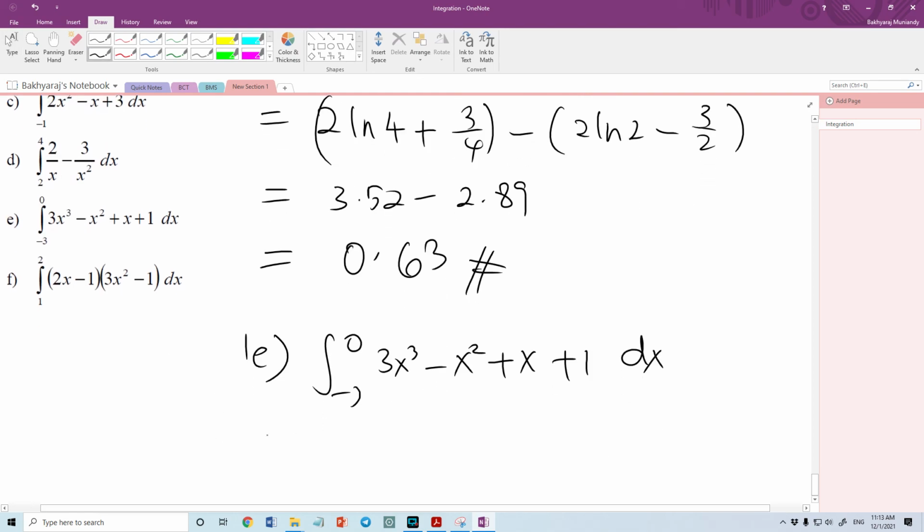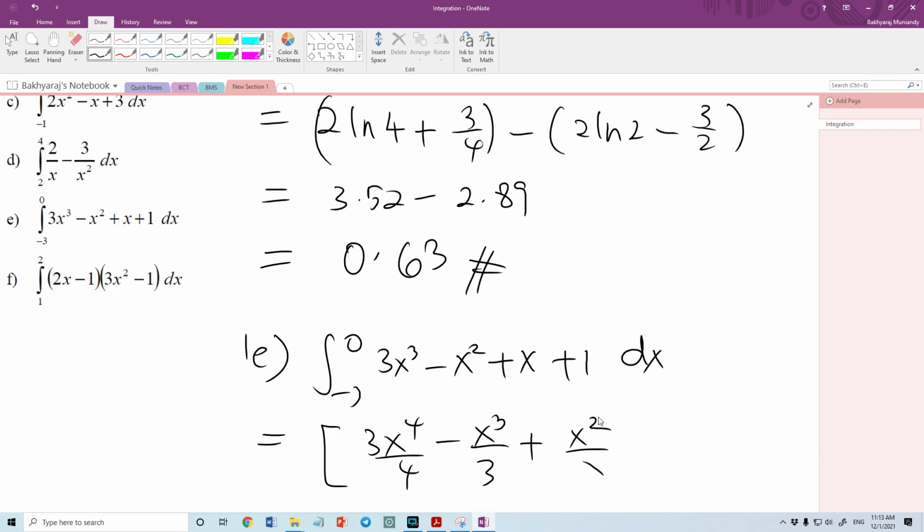It is a very simple integration, because they all are positive powers. So you go for 3x to the power of 4 over 4 minus x to the power of 3 over 3 plus x to the power of 2 over 2, and plus 1 becomes plus x, and no more c, because we have limits, negative 3 and 0.